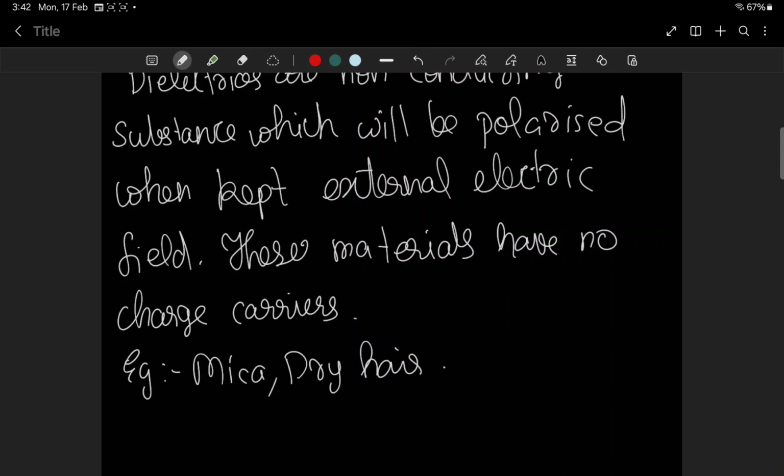They usually don't conduct, but they are polarized. They will be split into positive and negative charges when kept in an external electric field. The speciality is that they don't have charge carriers in them, but they get polarized in an external electric field. Got it? Yes.